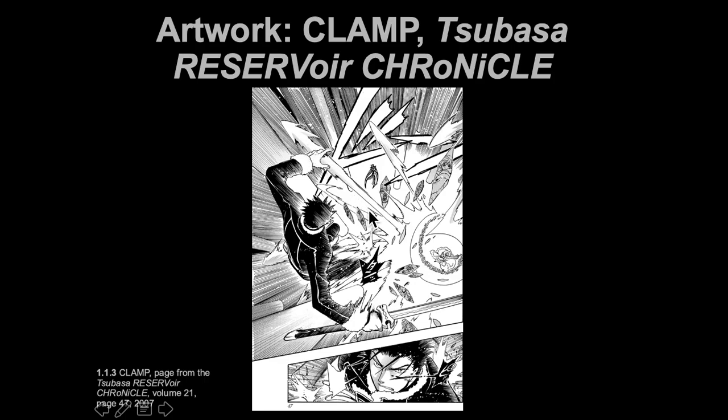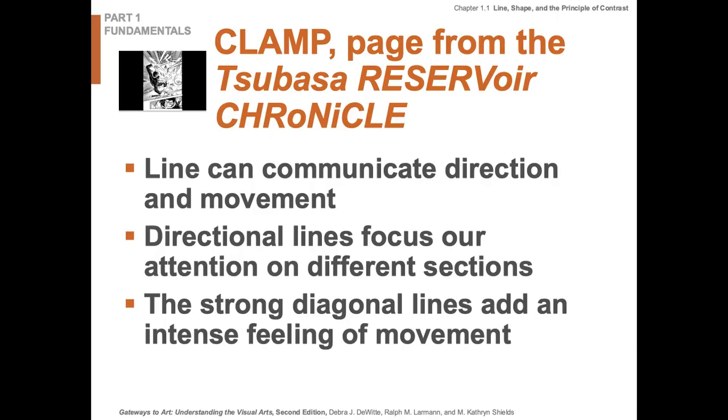Diagonals are programmed into our brains to alert us to danger, to bring our attention and focus to what the artist wants us to see. So this is communicating direction and movement, like I said, and it's focusing our attention, and it adds the feeling of movement.